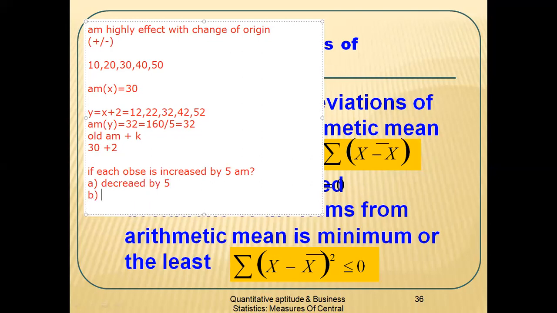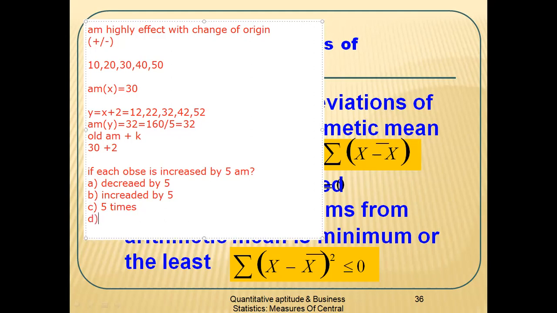Option B, increased by 5. Option C, 5 times the old arithmetic mean. Option D, it is divided by 5. Yes, it is increased by 5.